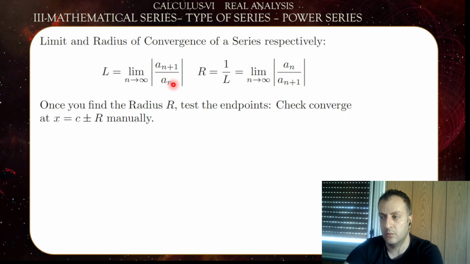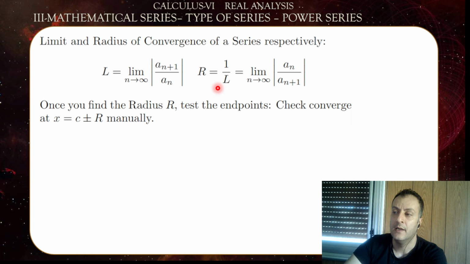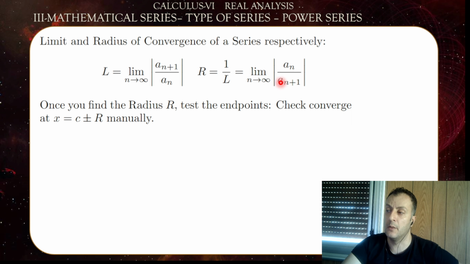Now, another note is that the radius of convergence is equal to the inverse of the limit, which is 1 over L, or in other words, is equal to the limit as n approaches infinity of the absolute value of a_n divided by a_(n+1). Once you find the radius of convergence, you can test the endpoints, checking for convergence at x equals c plus or minus r manually.